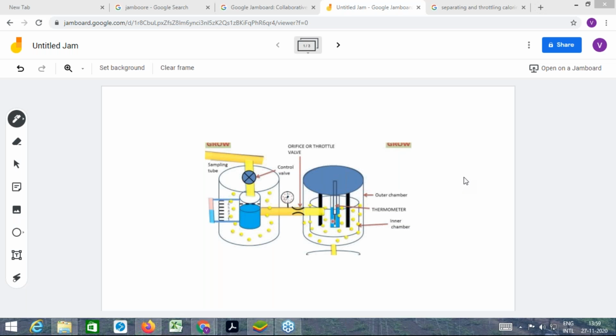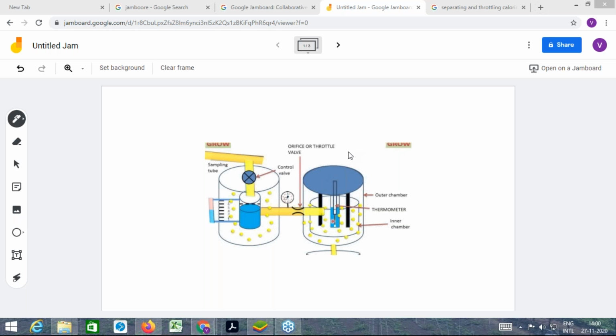Sharvari, yes: separating and throttling calorimeter.